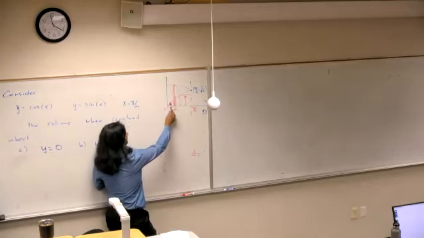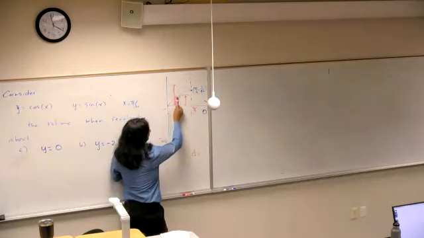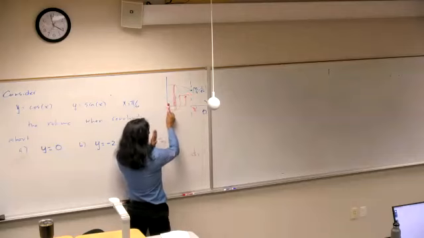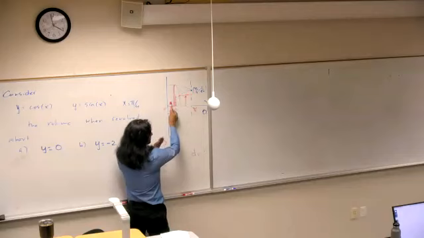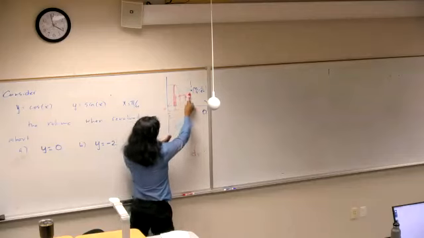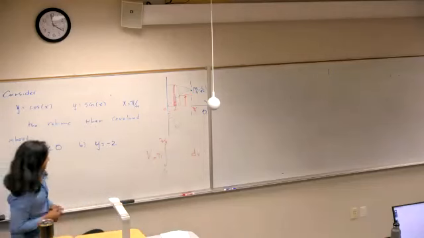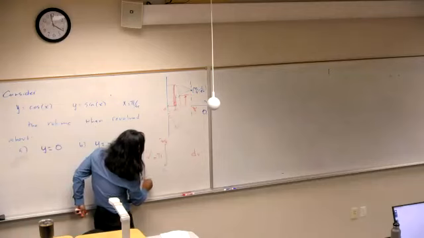Good. Moving this. X. Well, it's moving this way, right? But the radius is changing. Like what value? That's what I'm asking. Sine x. Sine x, this curve right there. So the inner radius is sine x.